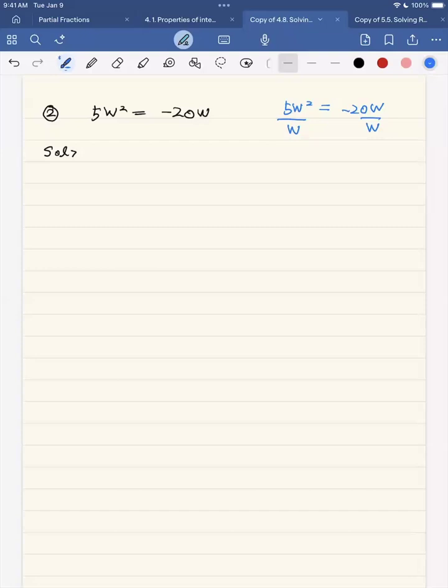You should not do that because W is an unknown number. W may be 0. If that is 0, then 1 over 0 is undefined. So we don't do it. We can divide by an actual number, but we don't divide by a variable.